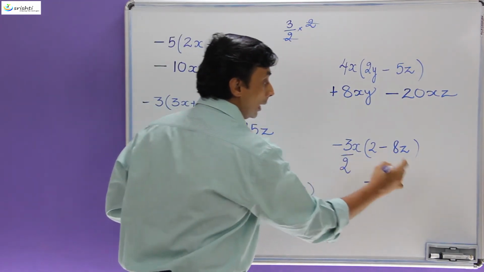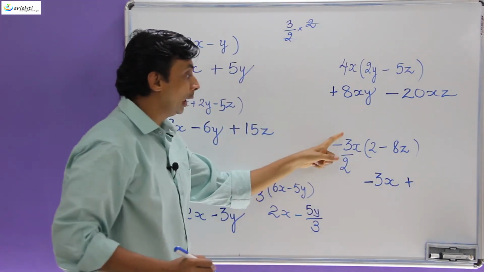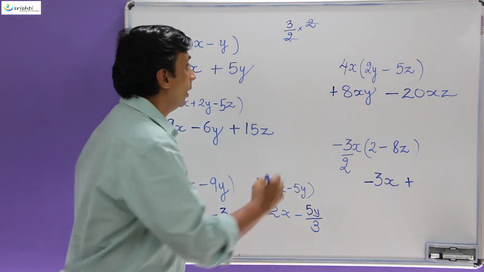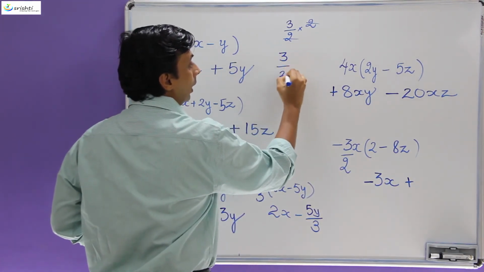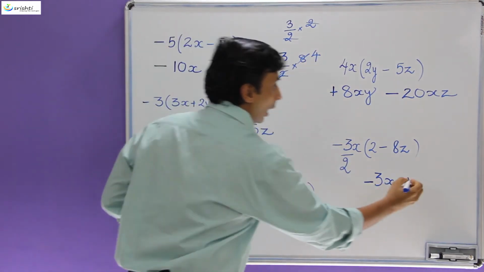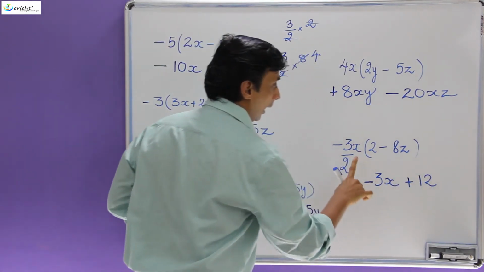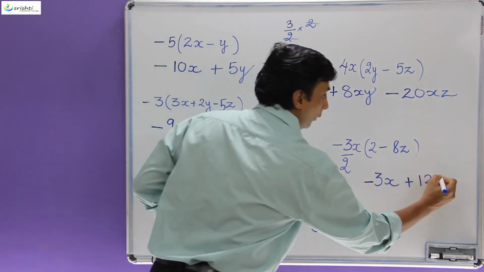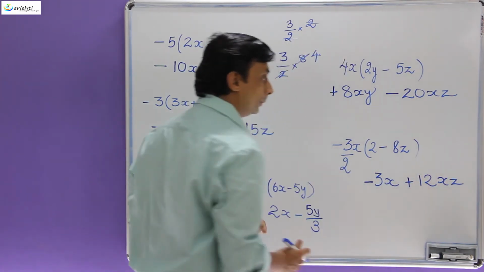Minus into minus, plus. Now let's evaluate 3 by 2 into 8. So 3 by 2 into 8 is the constant. 8 cancels by 2 4 times. So 3 4s are 12 and the variable is going to be x into z, which is xz.